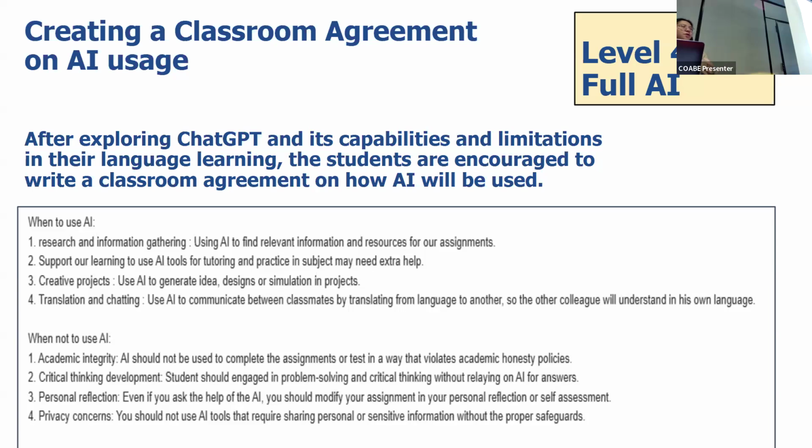Each student was encouraged to create a policy to share and then compile with the rest of the class to then have one classroom agreement, to set expectations on how AI will be used in the class. Again, this is an example of a level 4 full AI usage.